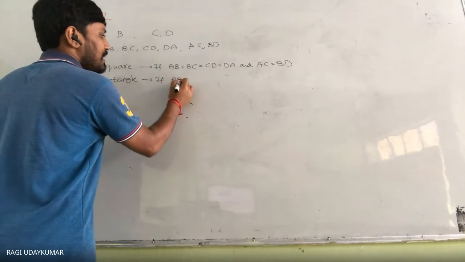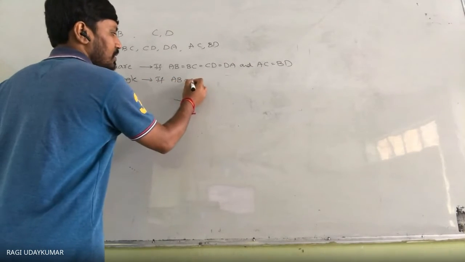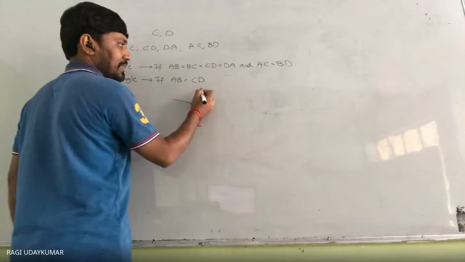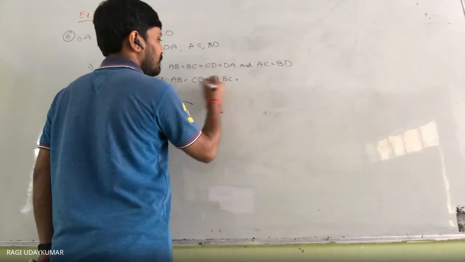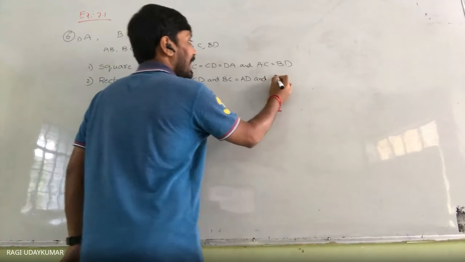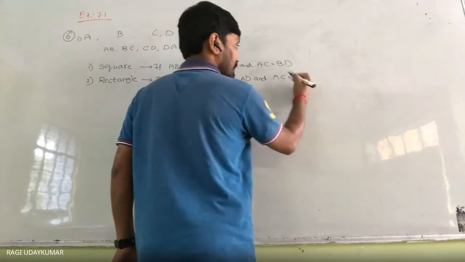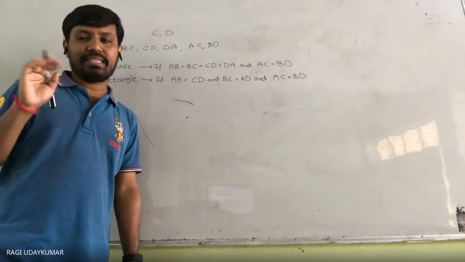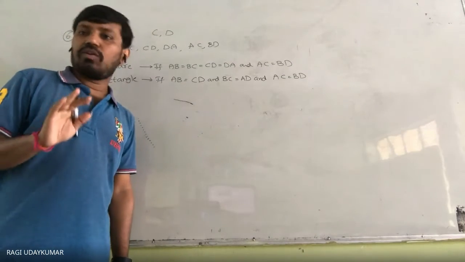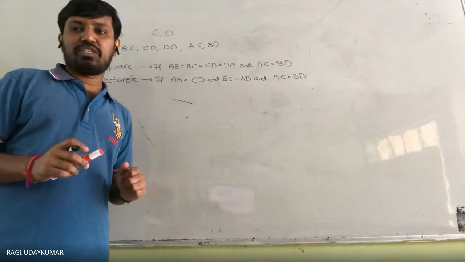If AB equals CD and BC equals DA, and AC equals BD. In the rectangle also the diagonals are equal in length, so that condition will also be satisfied.